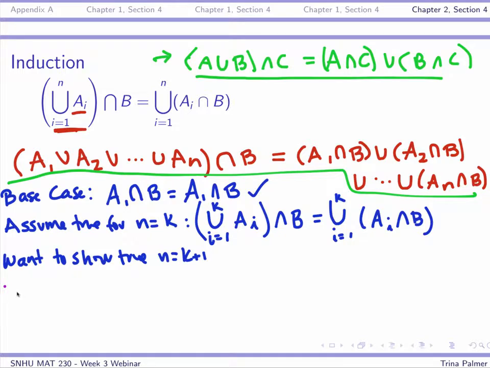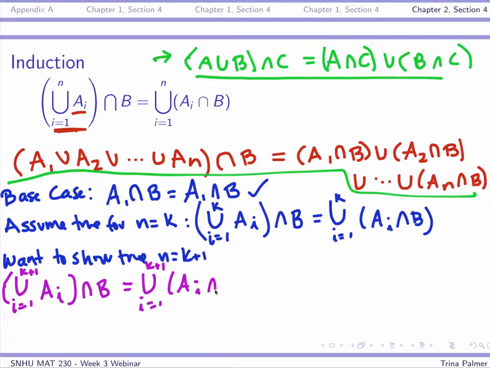Alright, so when you put in k plus 1, you get the union I equals 1 to k plus 1 of AI intersect B, and we want to show that is equal to the union I equals 1 to k plus 1 of AI intersect B. So as before, I'm going to work with one side.